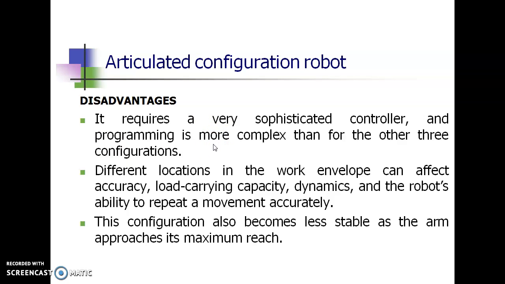Similarly, this articulated configuration robot at the extended position can't carry more load, and if it carries more load, it will cause vibration, or the dynamics is going to change, and because of that the accuracy and repeatability get decreased. That's what is told here. So the configuration also becomes less stable as the arm approaches its maximum reach.